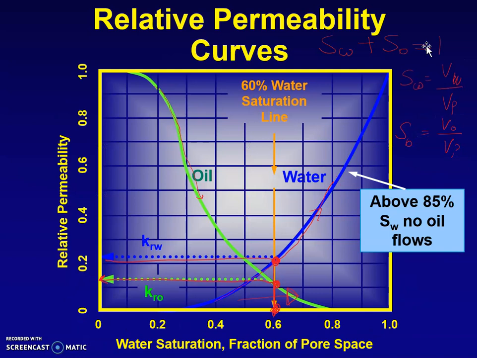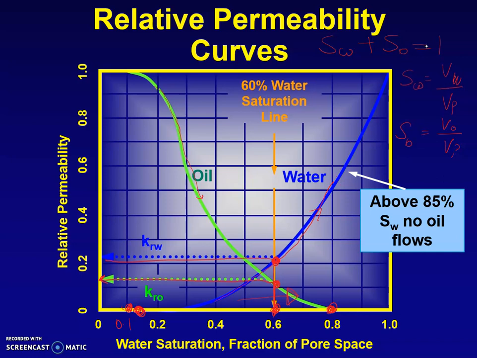Another thing is that there might be some saturations where you have some oil or water saturation but it does not flow. Let's say here you have 10% water saturation, but you see the relative permeability of water is still 0. That amount of water is not enough for water to move, and that is called irreducible water saturation.